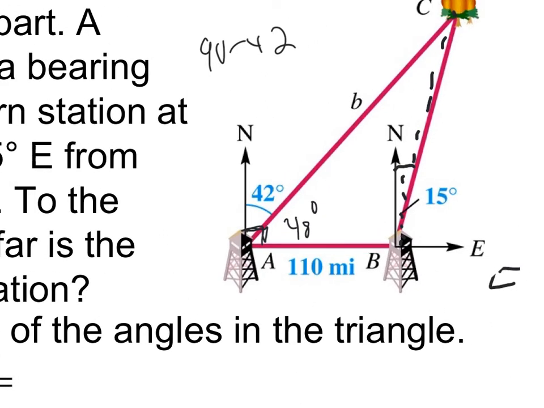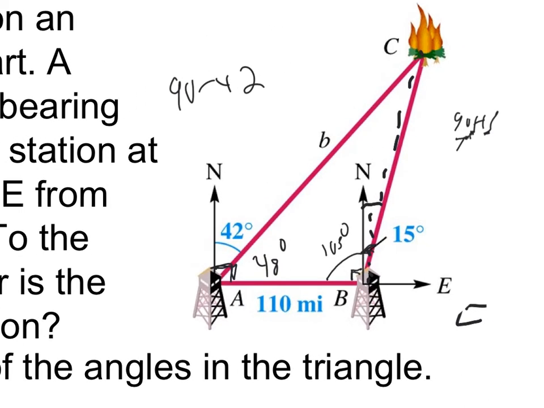Now this whole angle here, I'll call it angle B. This is 90, that's 15, so 90 plus 15 is 105. It makes sense that it's obtuse because look at it. So that's 105 degrees.